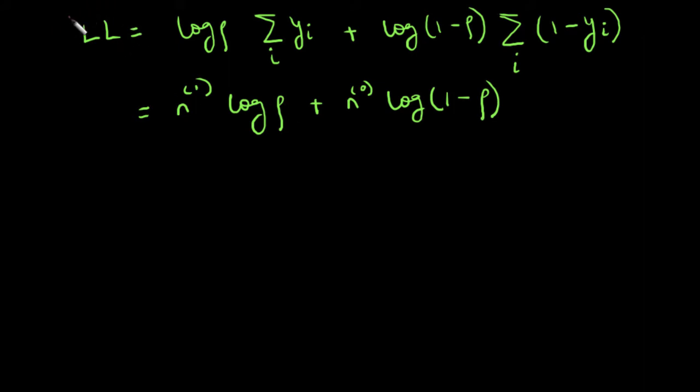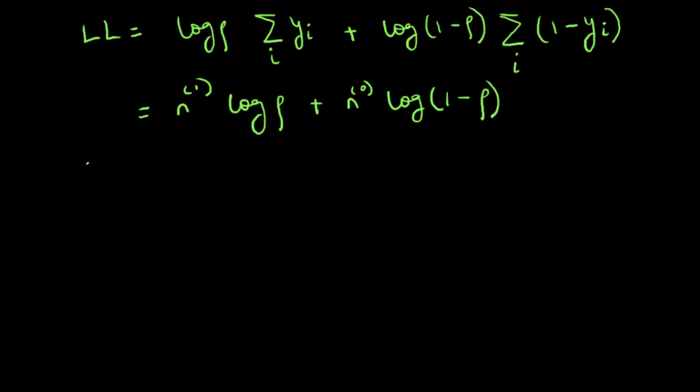Whether it is a maxima or a minima, you need to take the double derivative, but we are not going to go into those complications. So I will only take the first derivative, equate the result to 0 and use that to find the value for rho.